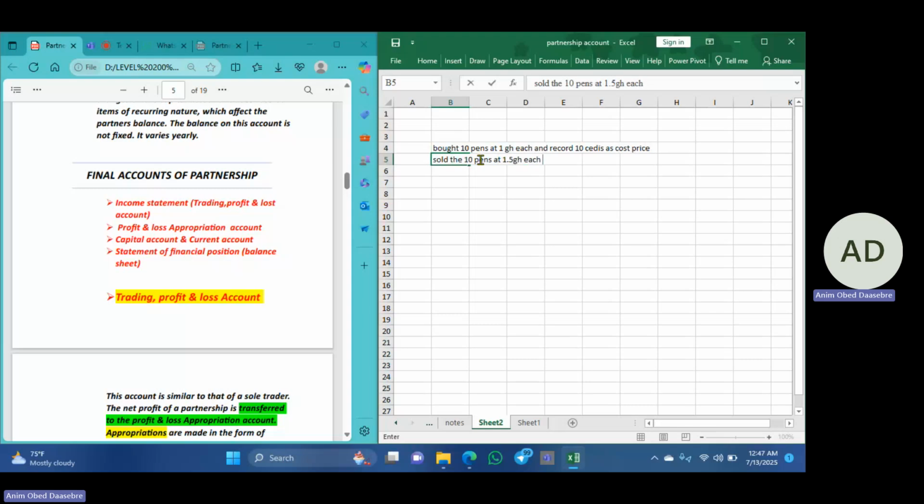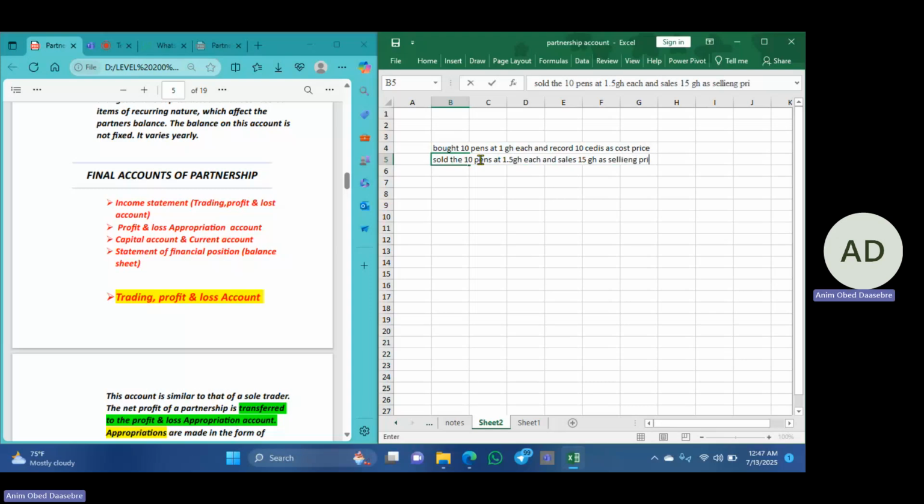So you are going to record 15 cedis as sales, as selling price.